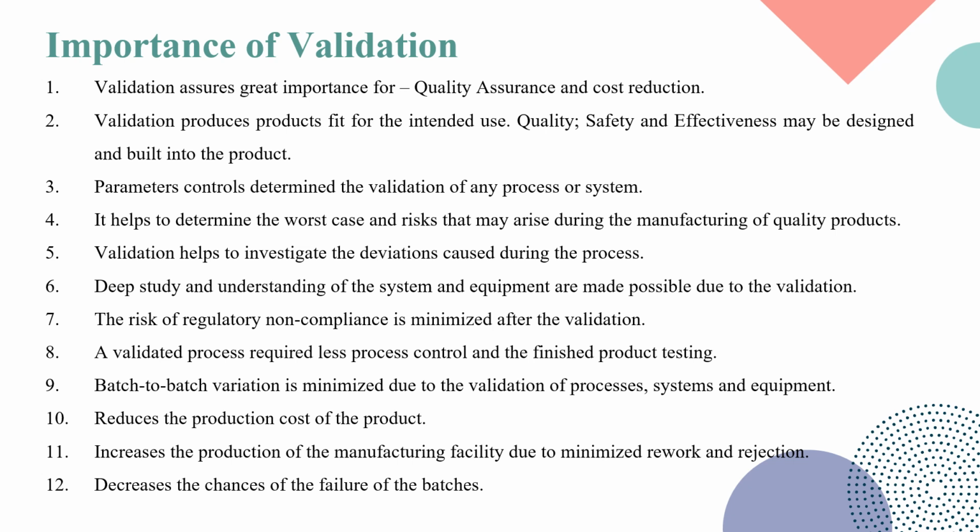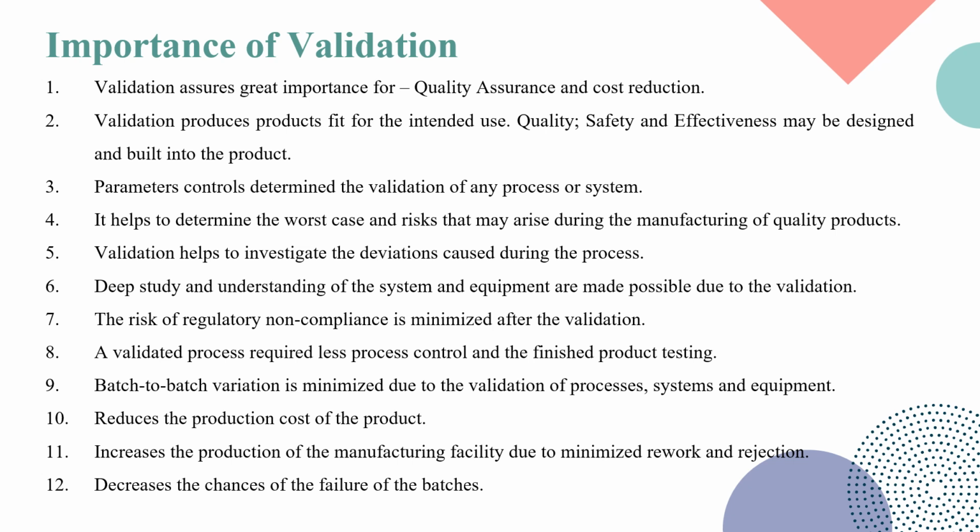Next, batch to batch variation is minimized due to validation of the process, system, and equipment. As we discussed in the definition of validation, through validation every batch should uniformly produce the results. Next, it reduces the production cost of the product.